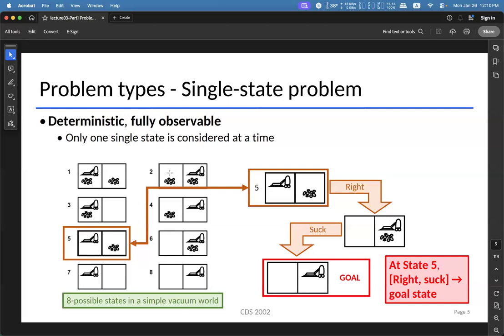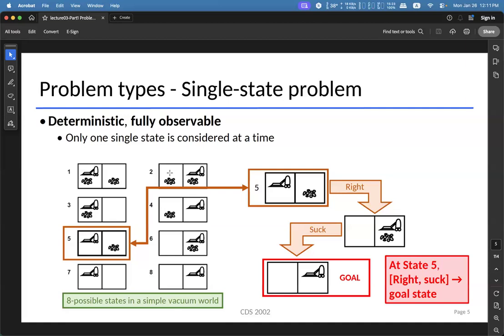As a result, we can list out all the possible configurations of the environment. Using technical terms, we can list out all the states of the environment, because it is observable.